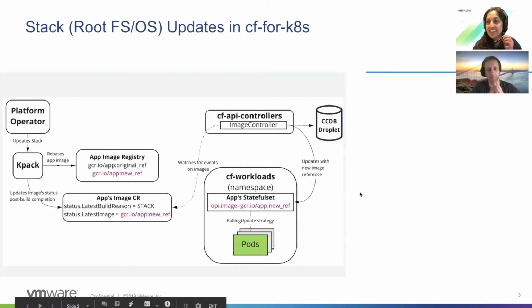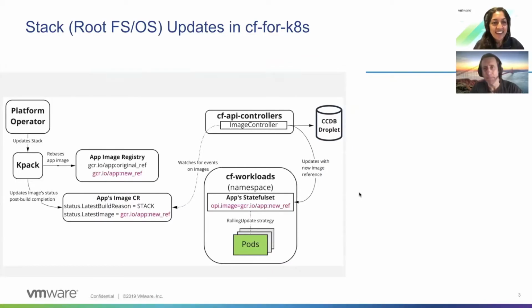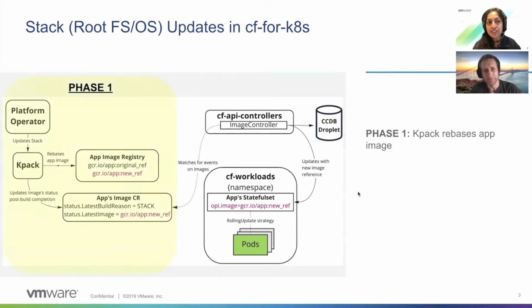Thank you for the great introduction, Paul. So I will first walk through how the stack updates actually happen in CF for K8s before diving into the demo. Stack updates can be split into two phases. The first phase is that kpack rebases the app automatically.